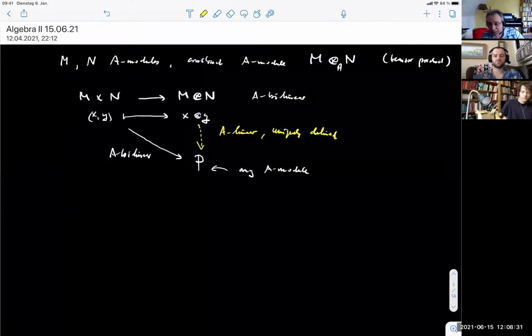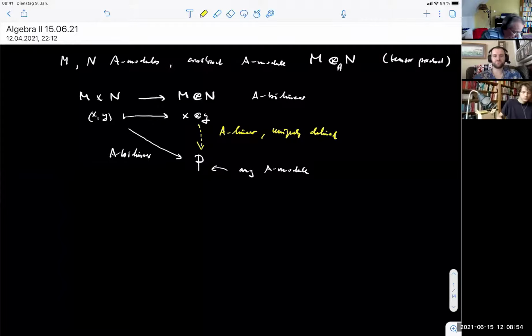I hope you remember. This is quite abstract, so we will have some examples, and then it will become clearer what this thing is. This tensor product has many applications, which is due to its generality and abstractness.